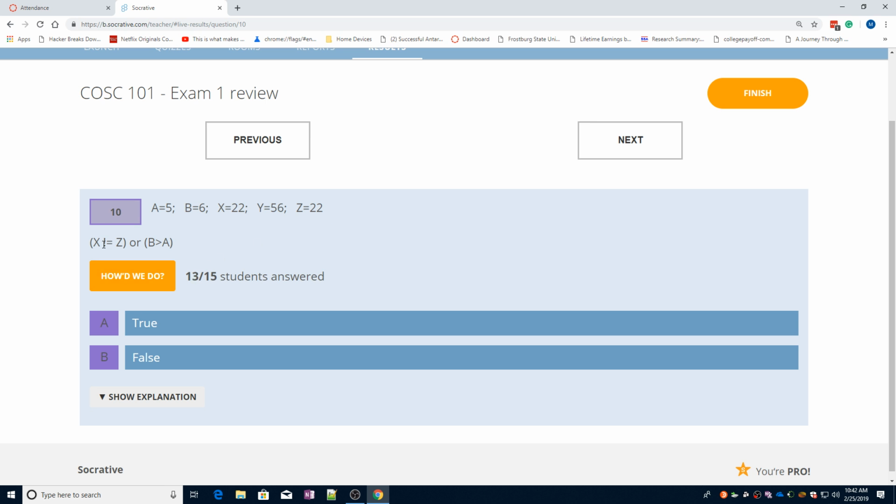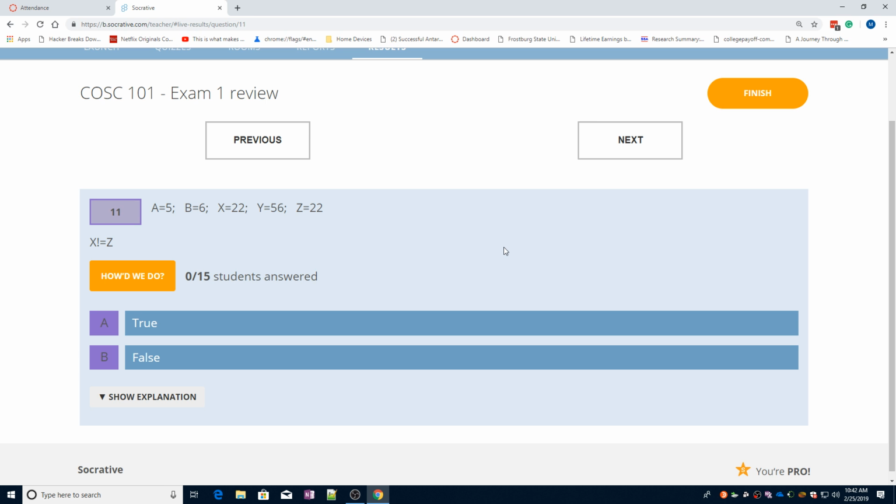So x is not equal to z. Well, here's the deal. X is equal to z, so that actually evaluates to false. However, there's an or, so if this evaluates to true, we're good. So B6 is greater than A. That's true, so this should be true. And most of you got it. Good job.